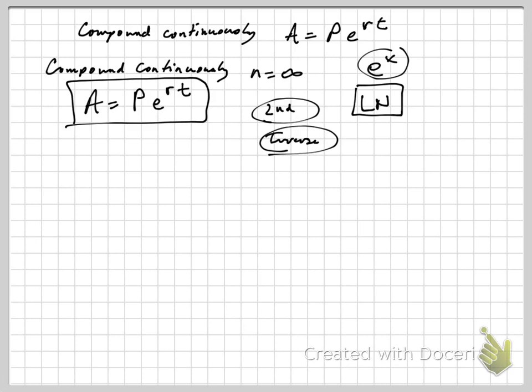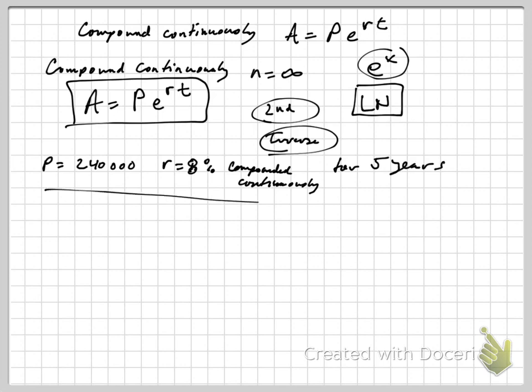So if I wanted to do that same problem we talked about earlier of $240,000, and it's going to earn 10%, no, 8% was what it was, compounded continuously for 5 years. Well, if you learned your lesson, this is not going to be astronomically larger than that last number that we calculated, which I don't have on my calculator.